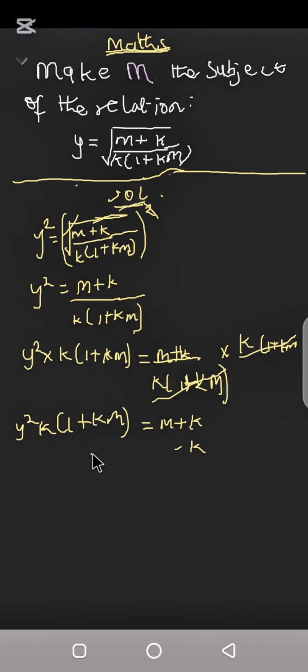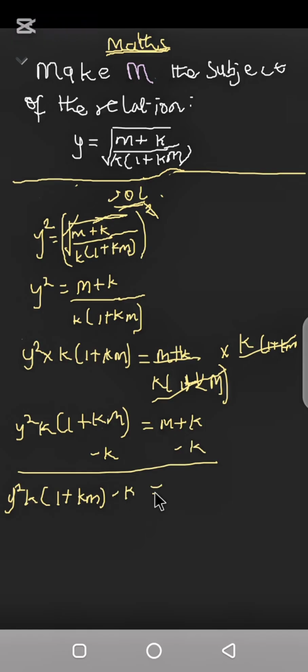So do it on both sides, so that what we'll be having left is y squared k, open bracket, 1 plus km, and minus k. And that is equal to this: k plus m minus k, k is gone. So we have m here. Oh, nice. We have 1 m rescued.